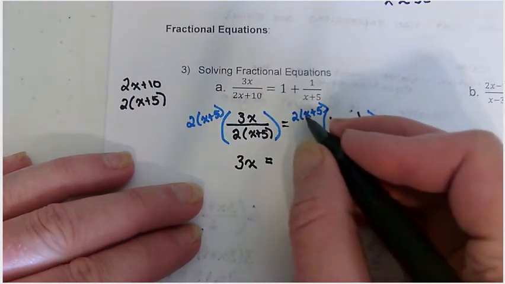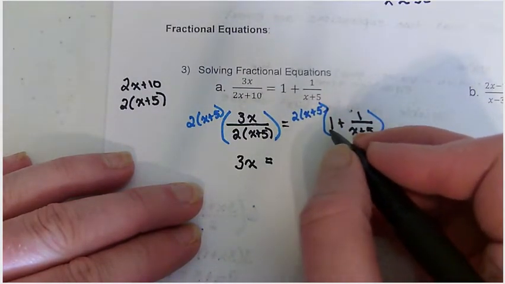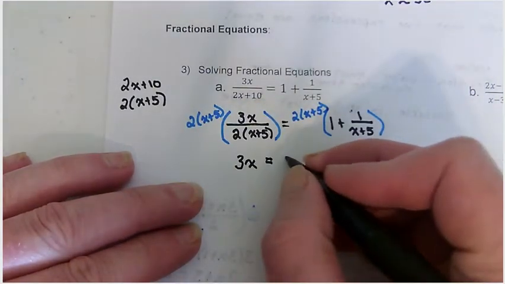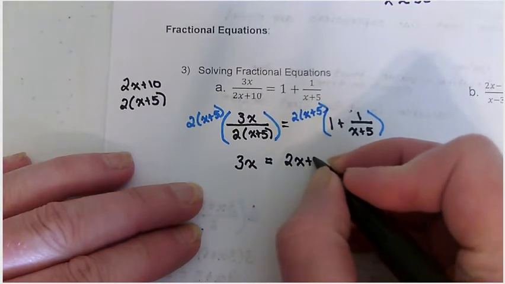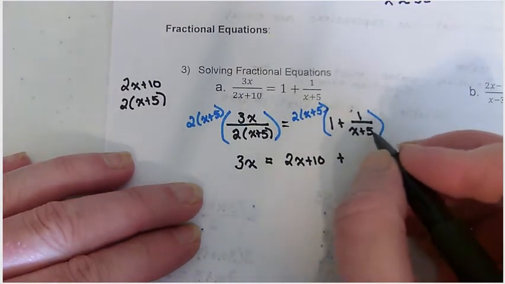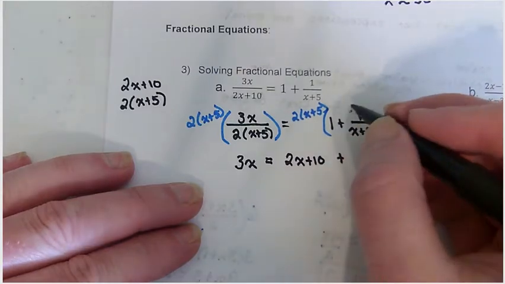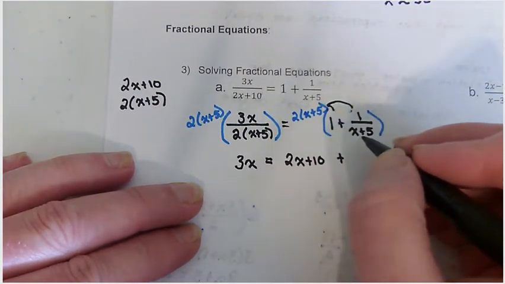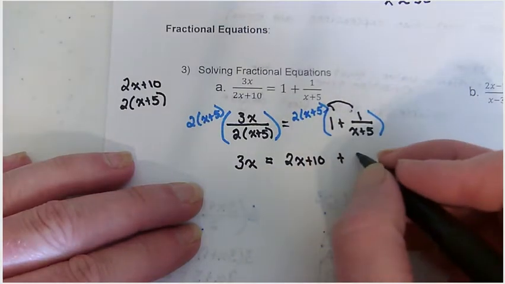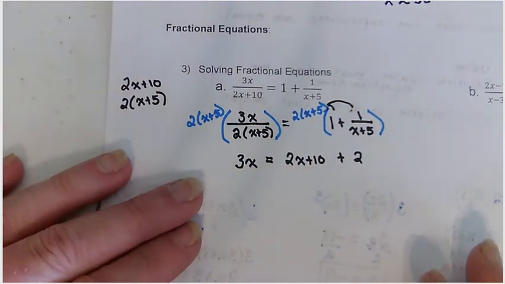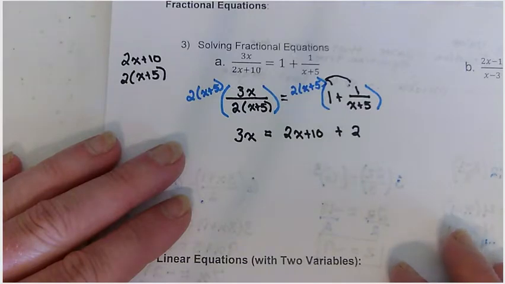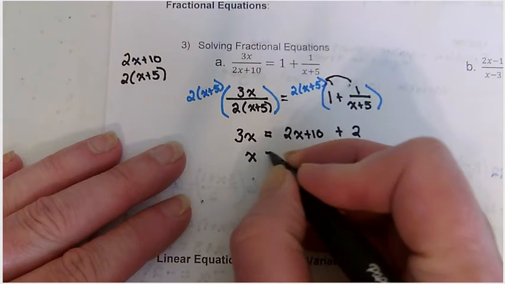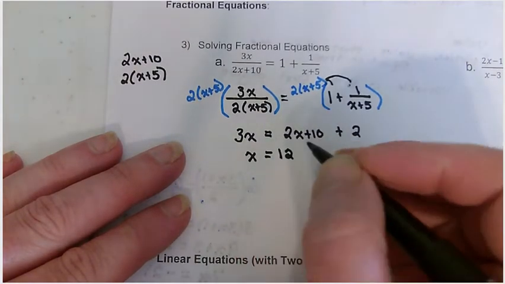Over here, 2 times x plus 5 times 1 would just be 2 parentheses x plus 5, or 2x plus 10, plus, when I multiply by this second term, the x plus 5s would divide out, and I'd be left with 2 times 1, which is 2. So I would end up subtracting by the 2x and get x equals 12.